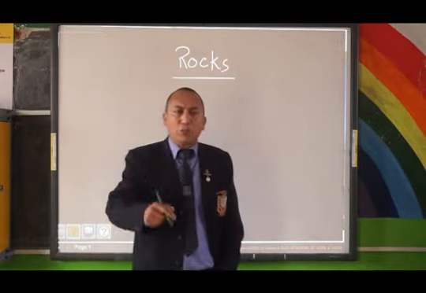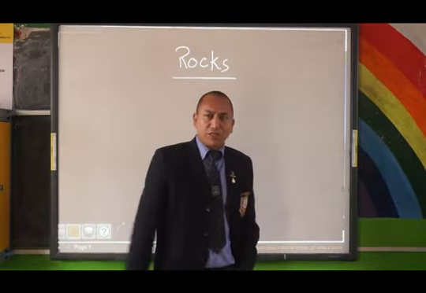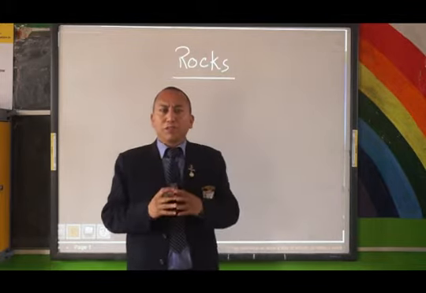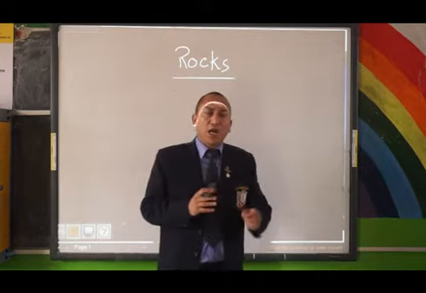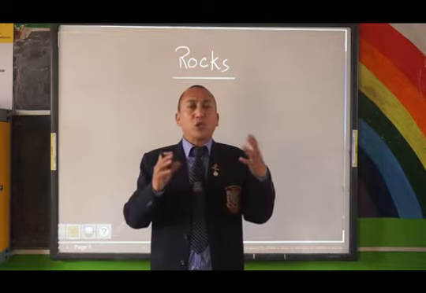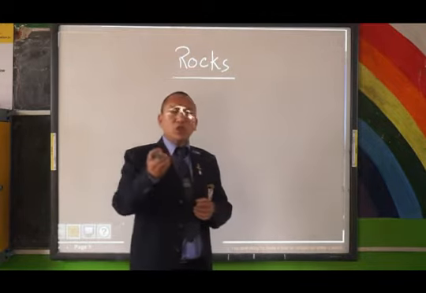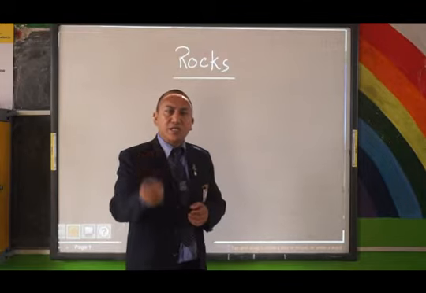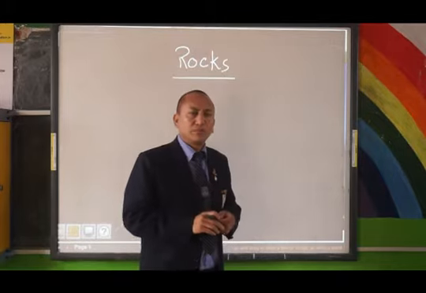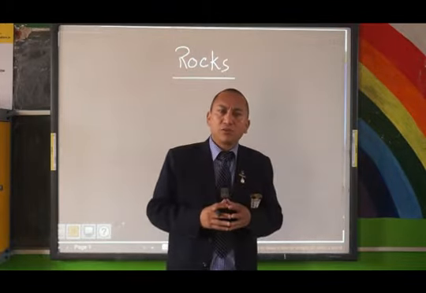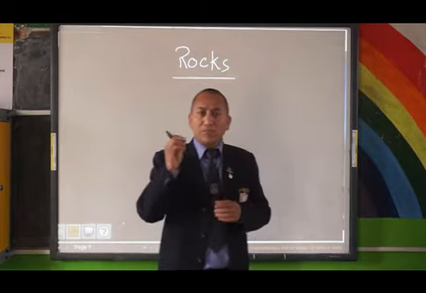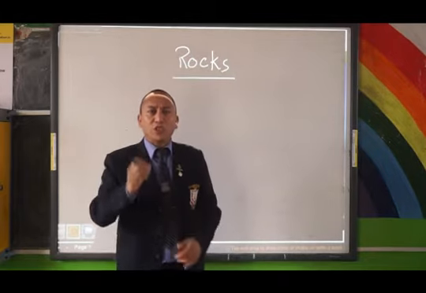So I told you, rocks therefore are not only hard and solid matters like granite, but also soft and loose particles like sand, silt and clay. Rocks have minerals which are found mostly in their solid state.